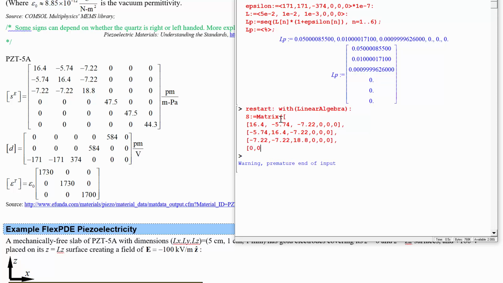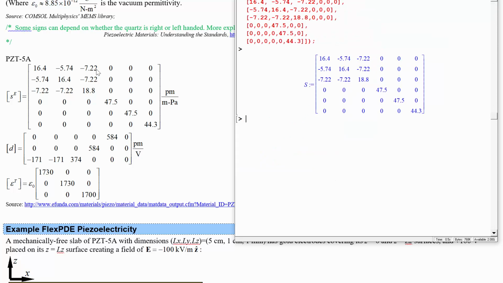And then 0, 0, 0, 47.5, 0, 0, 0, 0, 0, 0, 47.5, 0, and 0, 0, 0, 0, 0, 44.3. Now let's check, does that look the same? Yes, seems good.